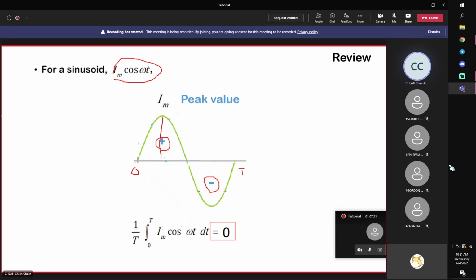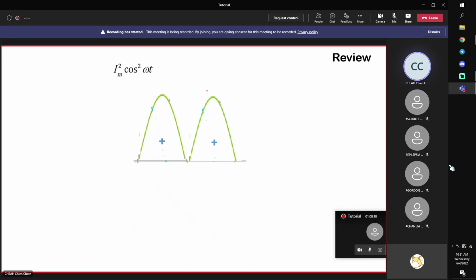But if you calculate it this way, it gives you 0, so this is not a good way to calculate the average values of your AC signals, because AC signals are symmetric over one period with positive cycles and negative cycles. Okay, and we know that if you square the signals, then everything will be positive, correct?